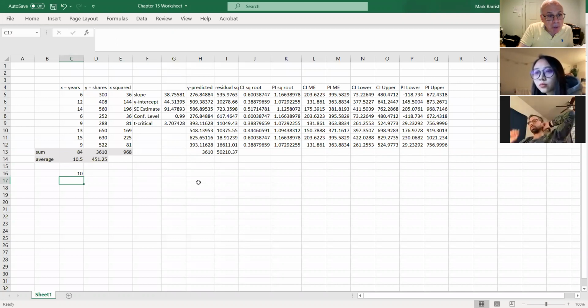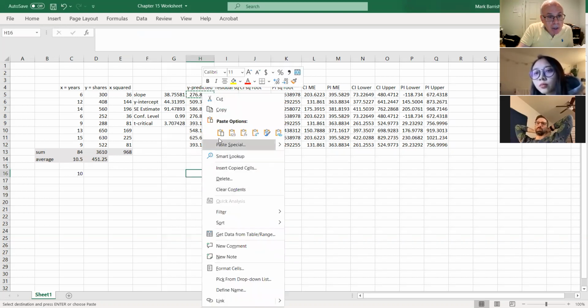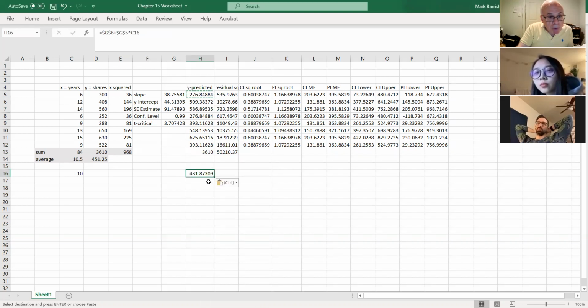predicted value, right? All right. So I'm going to just scroll up to one of these formulas. It doesn't matter which one. And copy. And I'll paste it right down here. And there's my predicted value for 10. 431.872.